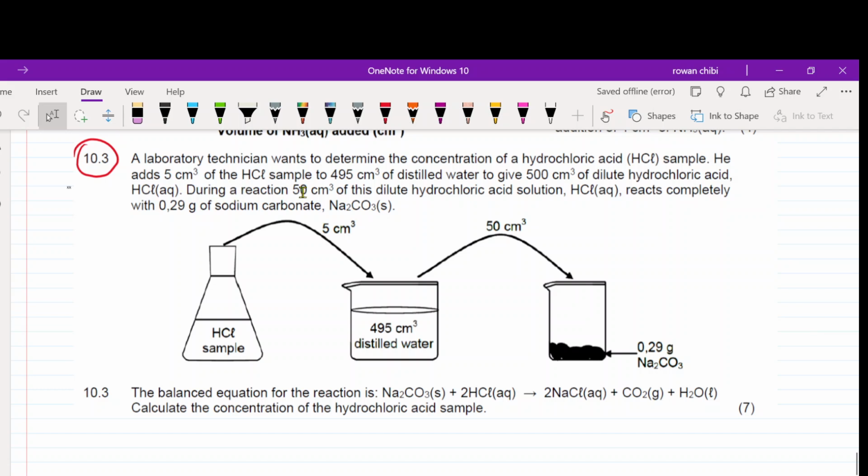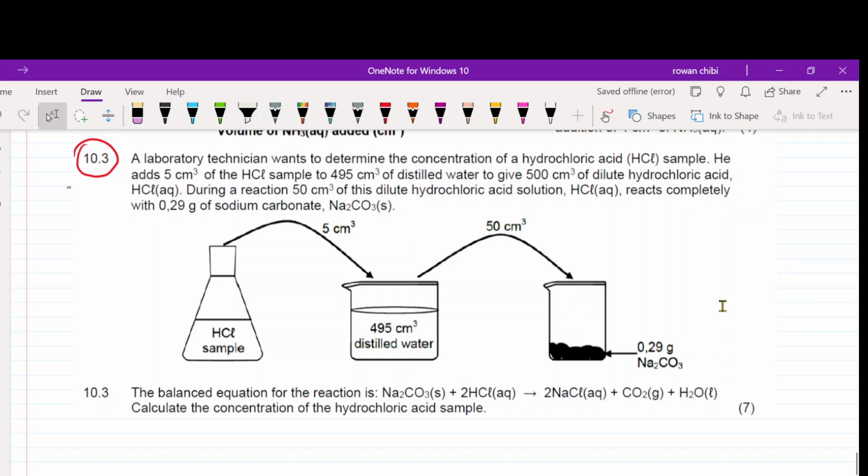Now, during a reaction, 50 cm cubed of this dilute hydrochloric acid solution reacts completely with 0.29 gram of sodium carbonate, Na2CO3. This is the picture that they gave us. They said the balanced equation for the reaction is this one, and they said calculate the concentration of the hydrochloric acid sample for 7 marks.